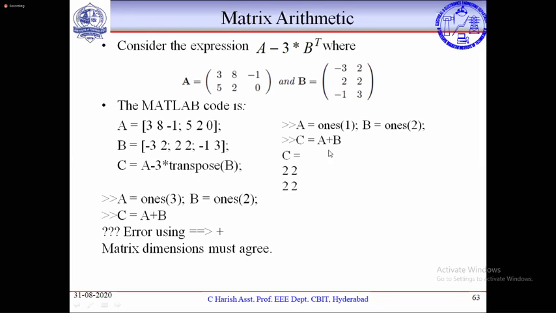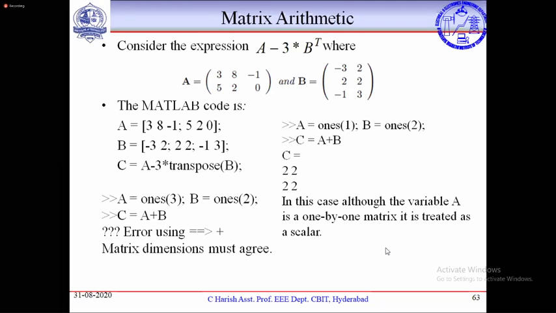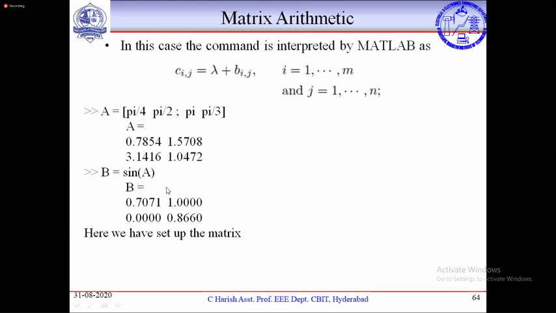When you are given this very small example, you will put a wrong answer in a hurry. Please remember, that is nothing but 1 plus 1, 1, 1, 1. It will be 1 plus 1 is 2; every element is added with the one scalar value. So a one by one matrix is a scalar. This thing you have to remember.